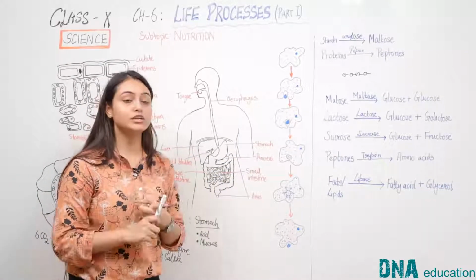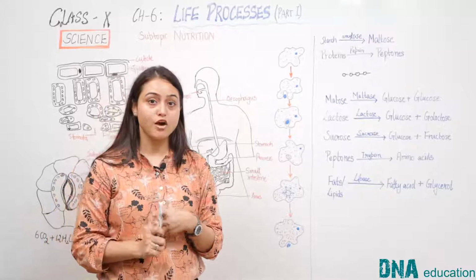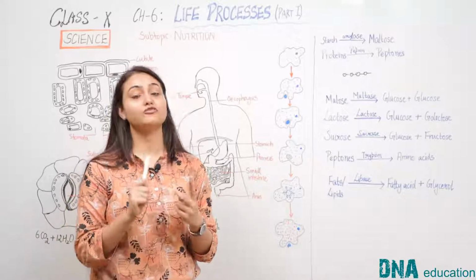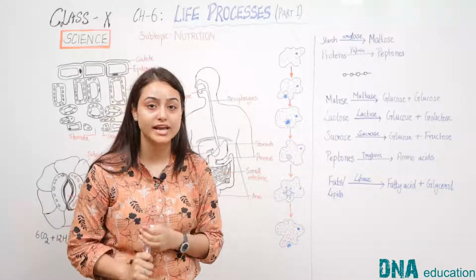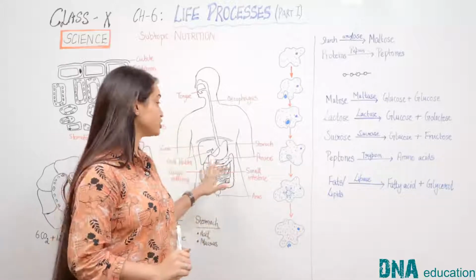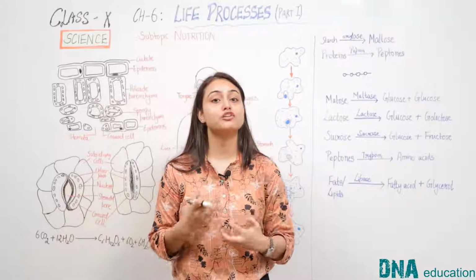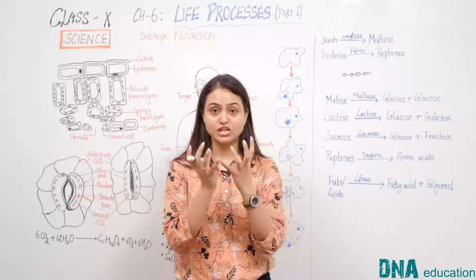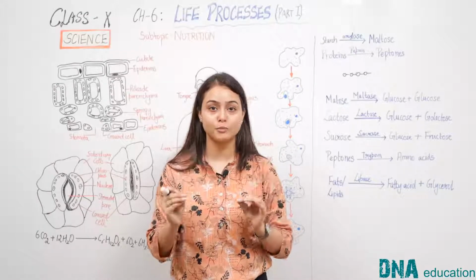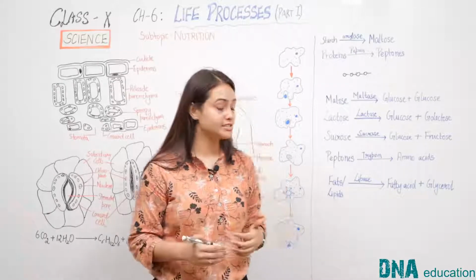So basically small intestine is releasing juices from gallbladder, from pancreas, and it has its own digestive enzymes. The function of bile is emulsification of fats. It breaks down the large fat globules into smaller droplets which can be easily digested.